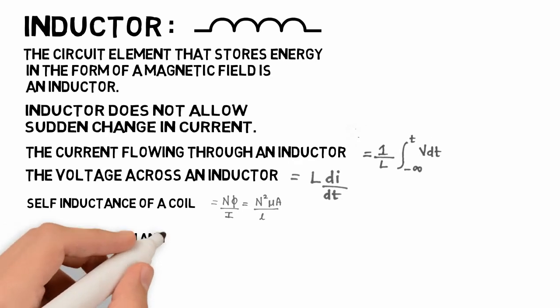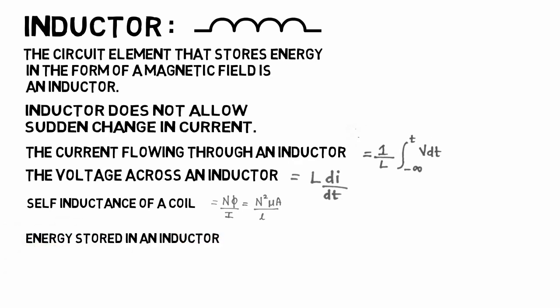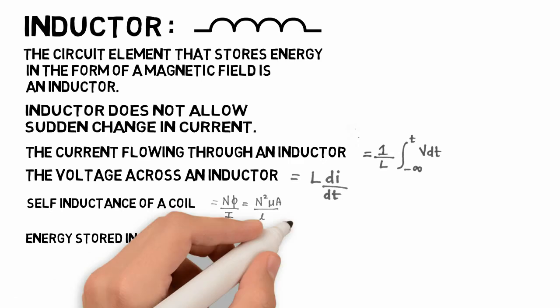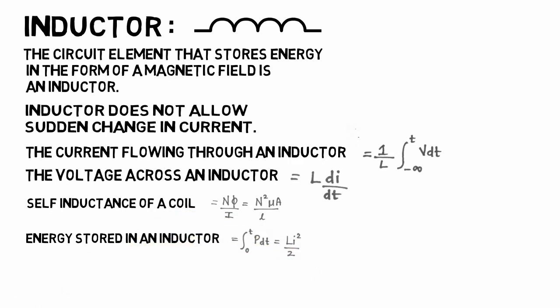Energy stored in an inductor is given by L i square by 2, where i is the current flowing through the inductor. An ideal inductor does not dissipate energy. Power loss in an ideal inductor is zero.